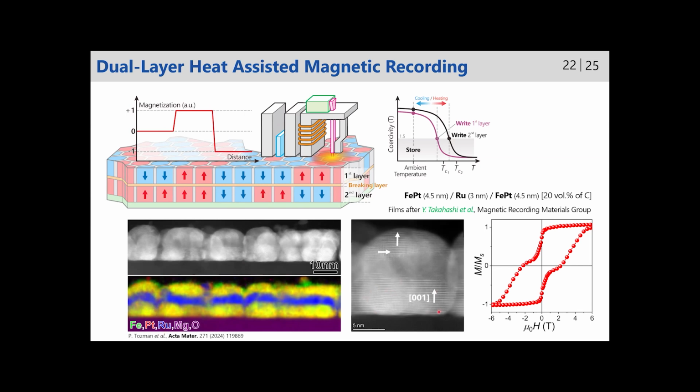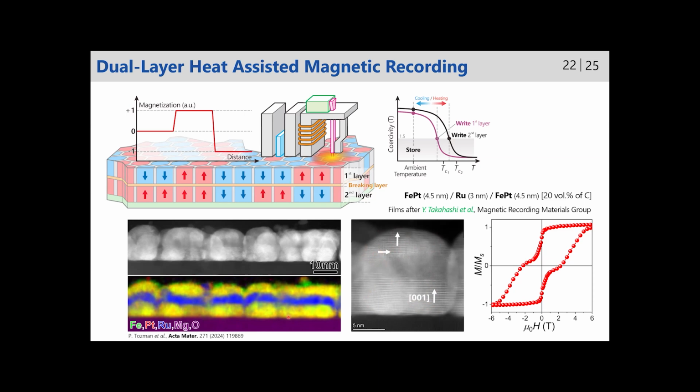Bottom layer has a very nice out of plane L10 order. So you see that the 001 direction is out of plane. Top layer is less so, has some other defects like in plane variance, not only out of plane orientation, but also some in plane regions.